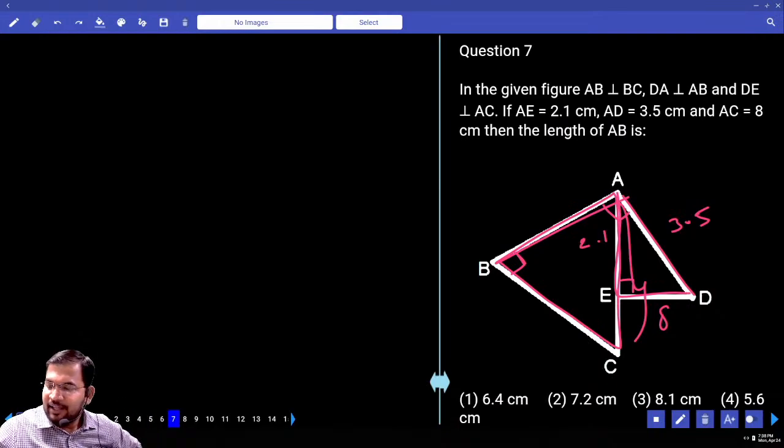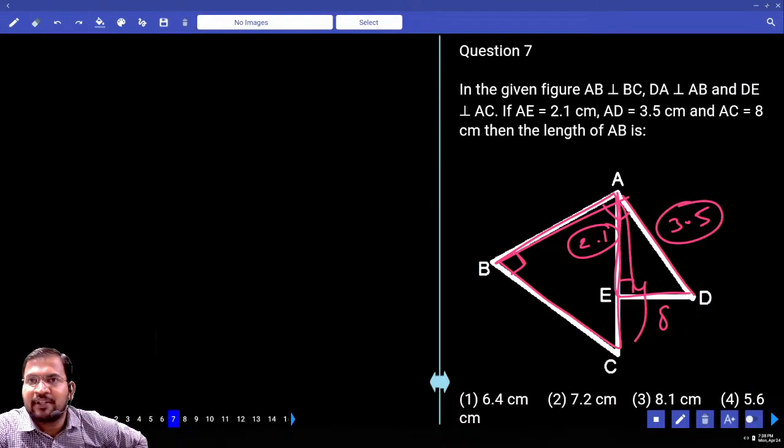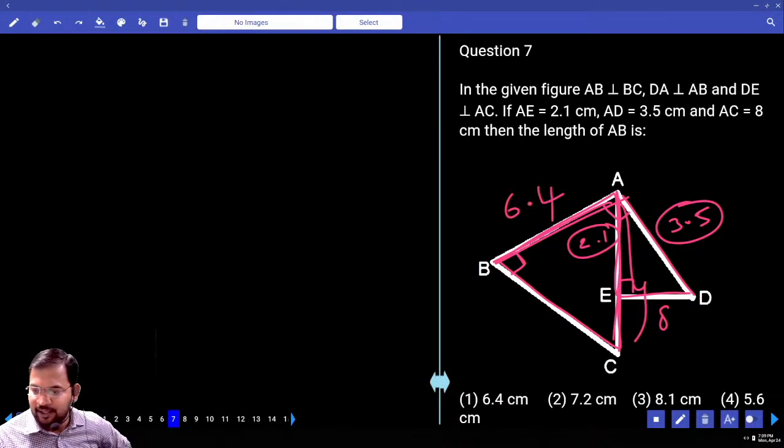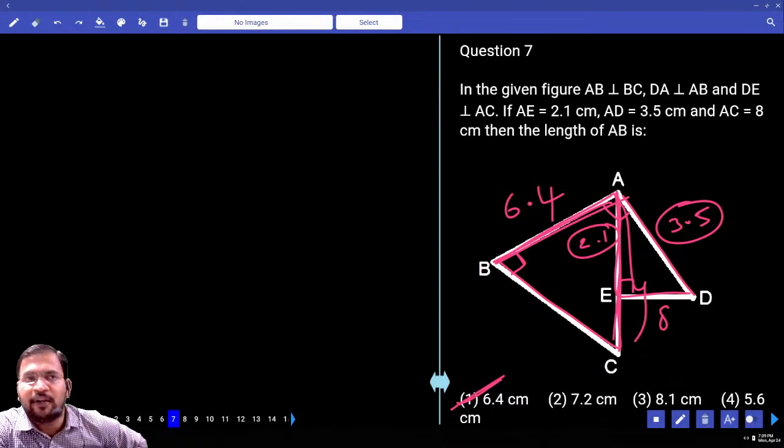Simple thing: this is 3 parts, 5 parts, 8 parts, that is 0.3, 0.5, 0.8. The corresponding side is 8, so 8 into 0.8, which is 6.4. We need AB only. Some people take ratios and substitute, but there is no need to do that. Directly take the values 3 parts, 5 parts, 0.3, 0.5, 0.8, and 0.8 into 8.